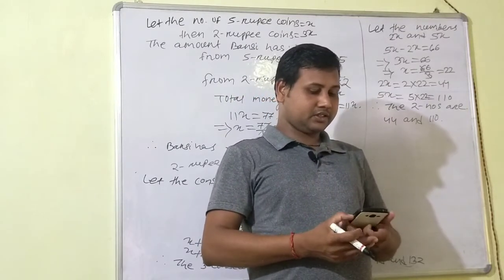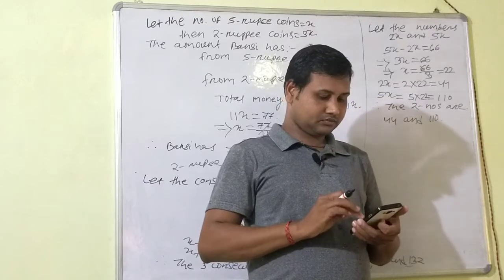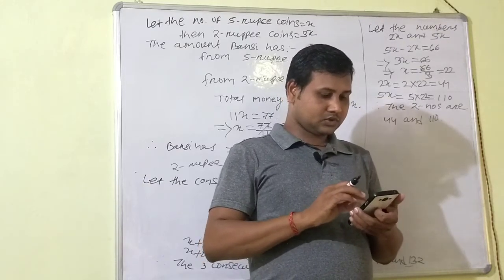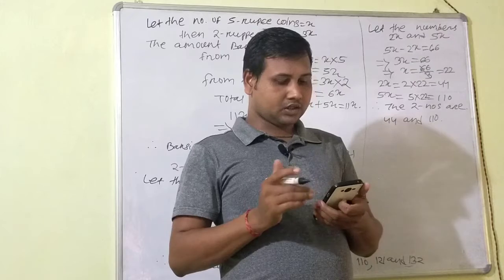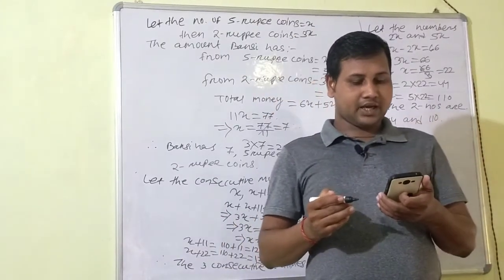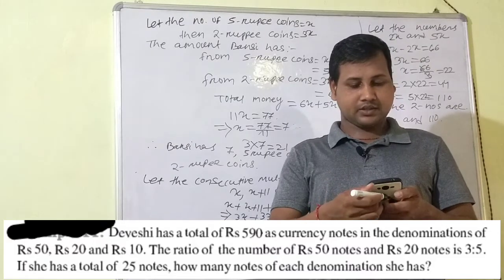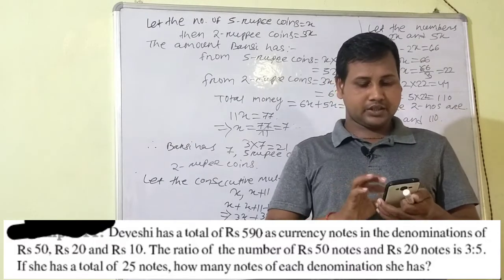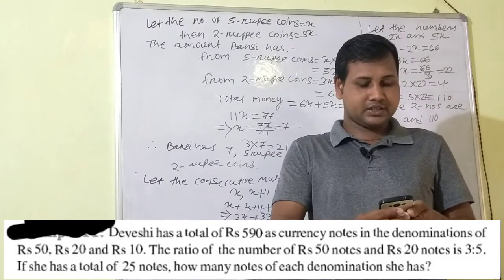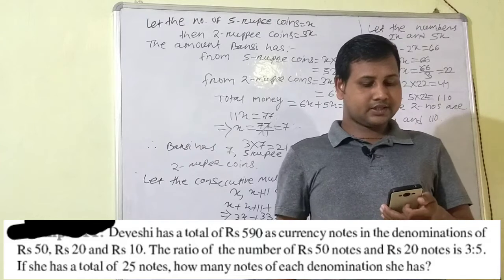Another variety is: Devanshi has a total of rupees 590 as currency notes in the denominations of rupees 50, rupees 20 and rupees 10.